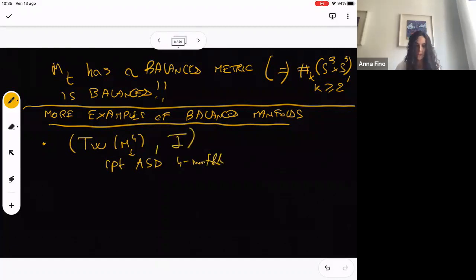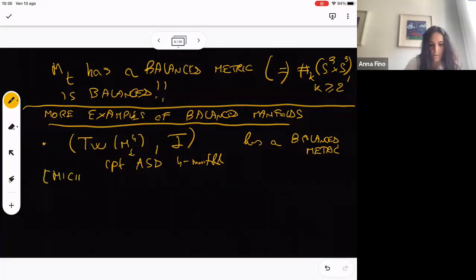The anti-self-dual condition makes the almost complex structure integrable. And this has a balanced metric, essentially the standard metric that you can construct using the splitting into horizontal and vertical, which is balanced. This was shown by Michelsohn in her paper about balanced metrics, and also by Gauduchon.